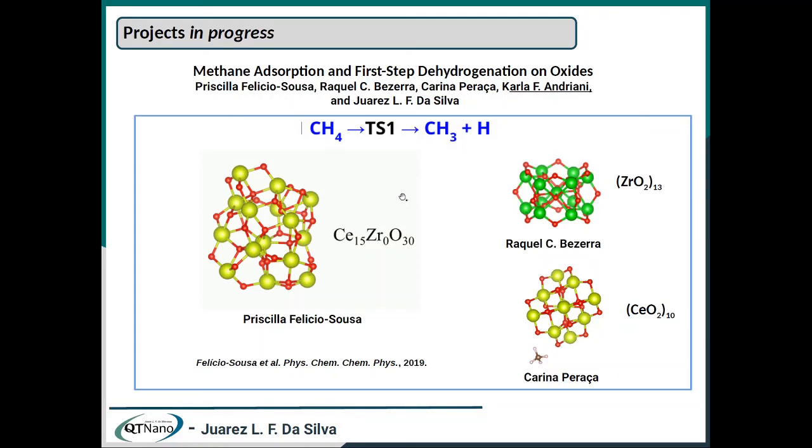And we are also interested in the pure oxides, which is being performed by Raquel, the support of transition metal clusters on zirconia, and the same study is being performed by Karina on pure ceria clusters.